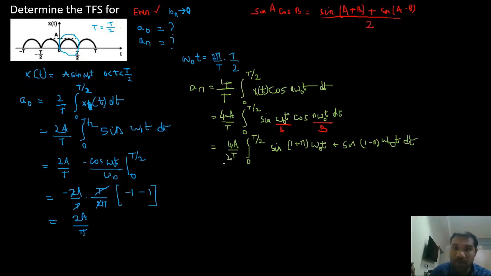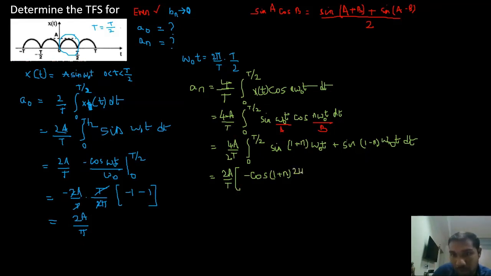So divided by 2. So what are we left with? 2A by T, integral of sine is minus cos, right? So minus cos 1 plus n into omega naught. What is omega naught?